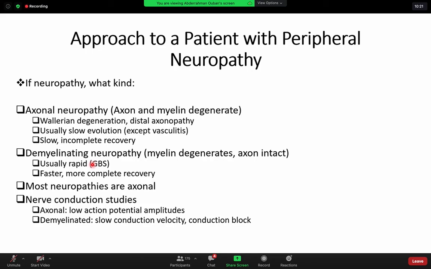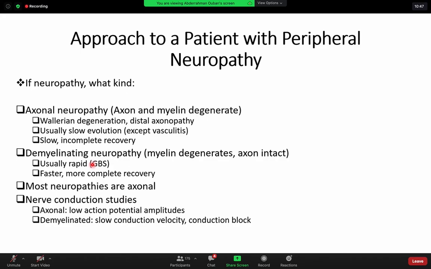All right. So after the physical exam, you have determined that your patient has peripheral neuropathy. The question now is, is it axonal or demyelinating? Most neuropathies are going to be axonal, and most commonly caused by distal axonopathy, and less frequently by transection, Wallerian degeneration.